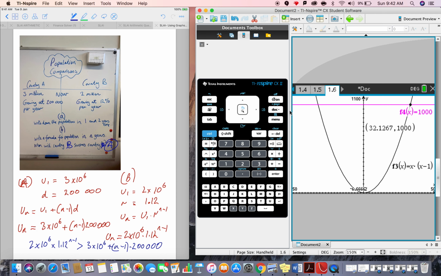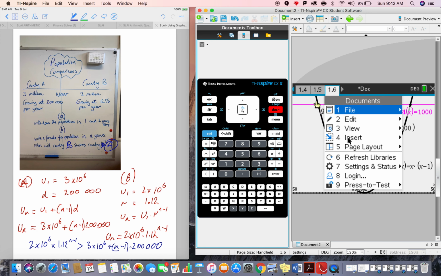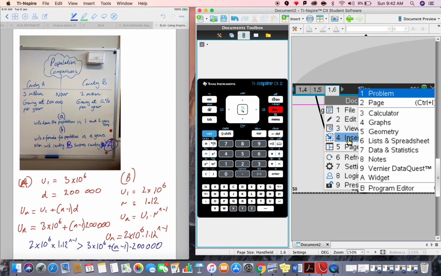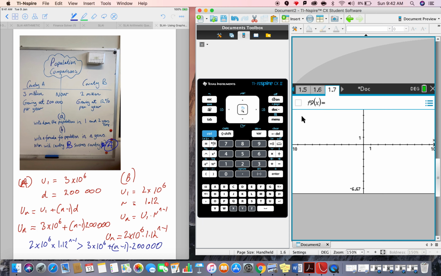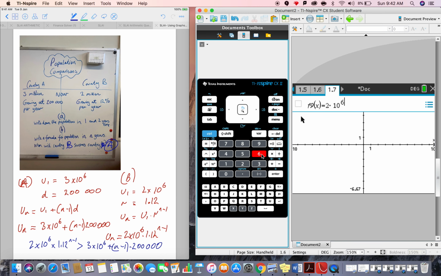So let's go to document, insert, graph. Okay, I think my laptop's overheating, things are slowing down. And let's type in 2 times 10 to the 6, right arrow, times by 1.12 to the exponent.